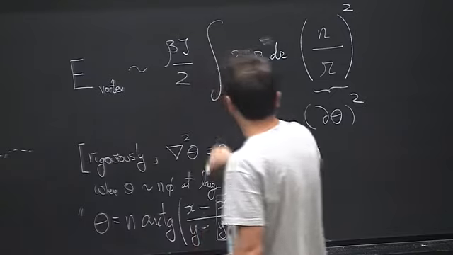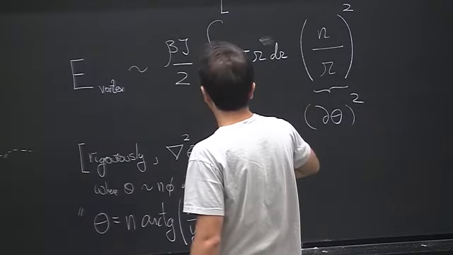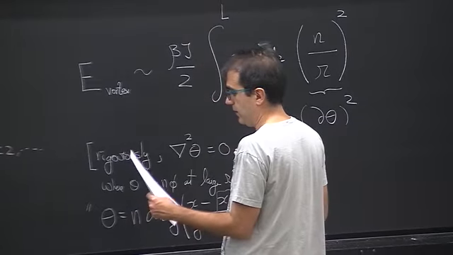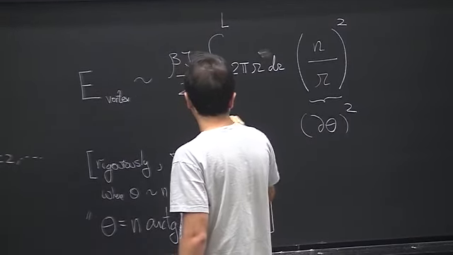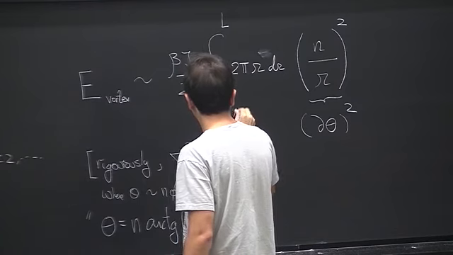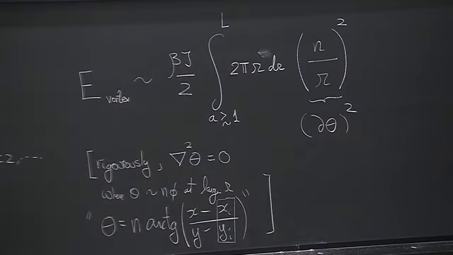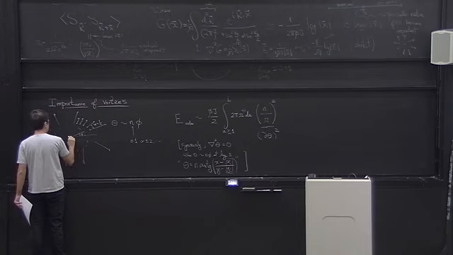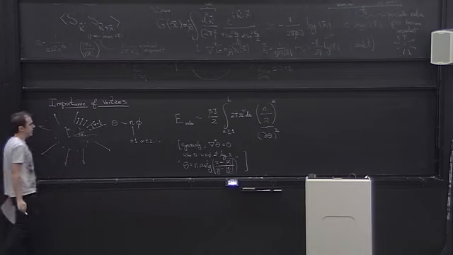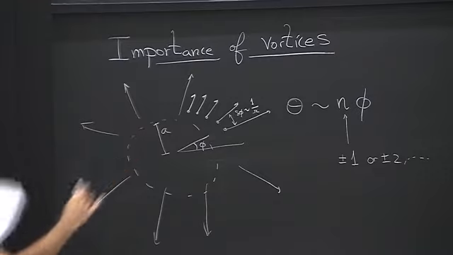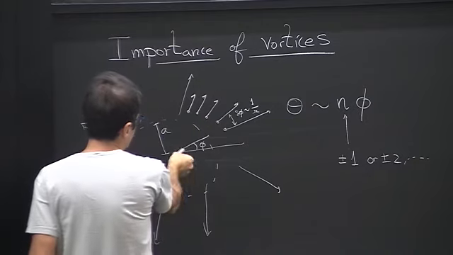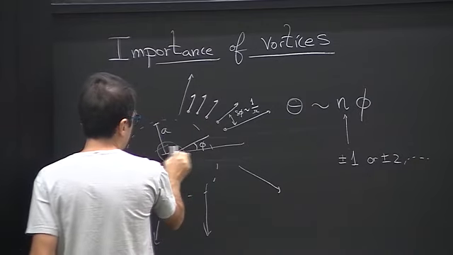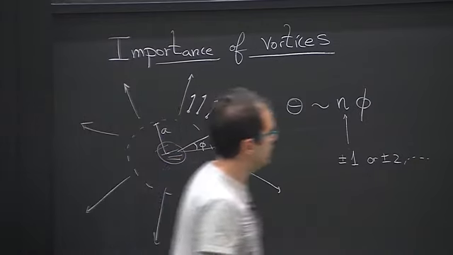And where do we integrate this? Well, up to whatever size I have in my system, and starting from some a that is bigger than 1. What matters is this large distance, so there would be some scale here, a, and I integrate after some a of order 1, because the energy in a region of order 1 is always of order 1, so it doesn't matter much.